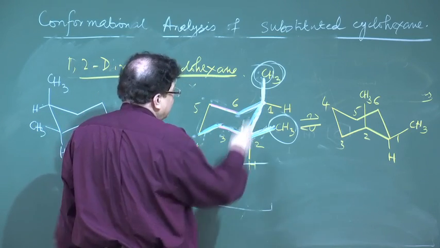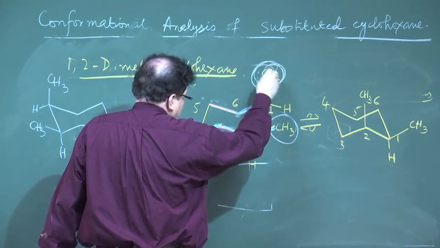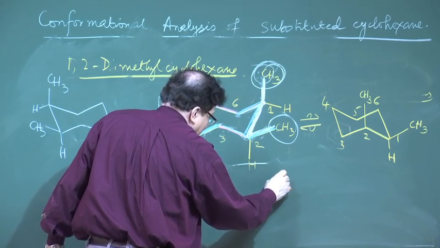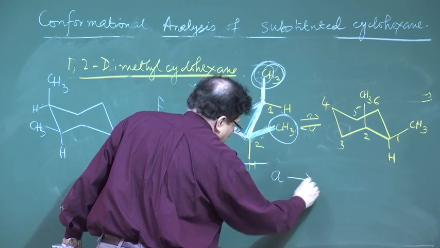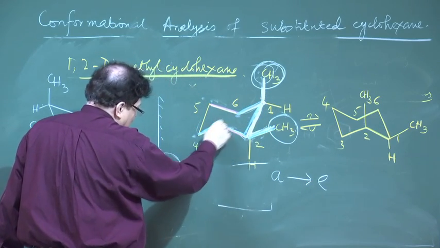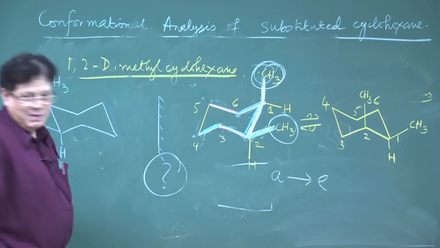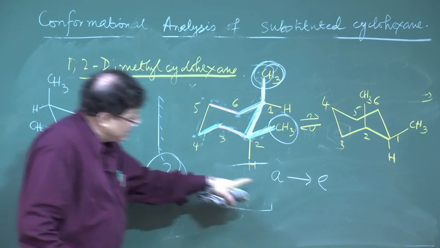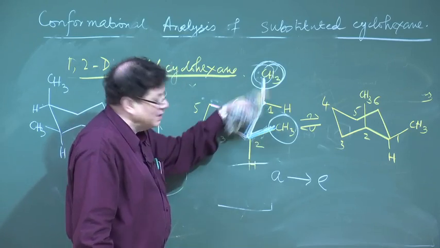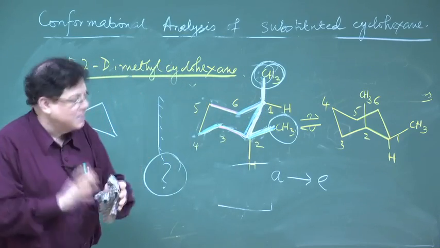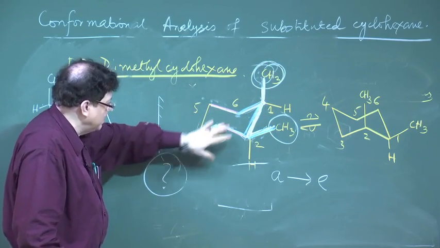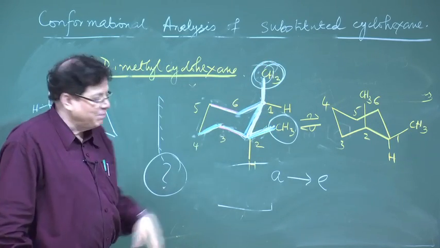Suppose I decide that I start from this axial methyl and go to the equatorial methyl. So, this way 1, then 2, then 3, then 4, then 5 and 6. So, I fix this axial to equatorial motion. I could have done the other way around, but suppose I fix it that I go from this axial methyl to the equatorial methyl and finally, then C3, C4, C5, C6.